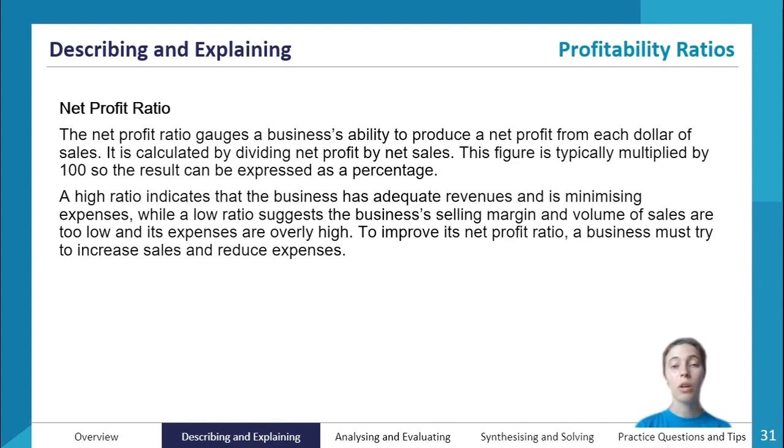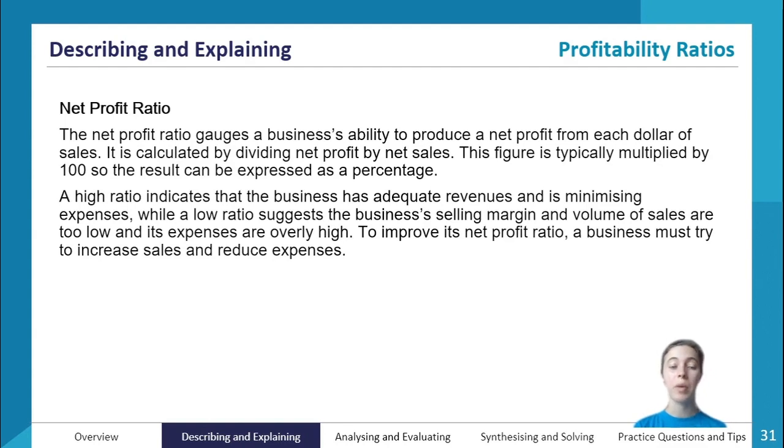So if you were to look at this in a scenario case, needing to make suggestions and recommendations, you could be pointing out that increasing sales is necessary, and you could make specific suggestions.